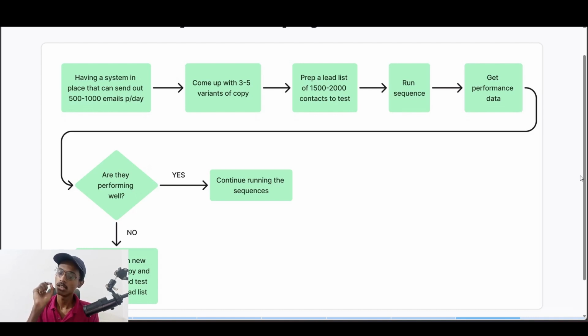Okay, I'm going to pause B and D, and then I'm going to let A, C, and E run. And then let's see what happens, right? I'm going to pump in more leads, and let only the good performing variants continue. That's what you need to do.